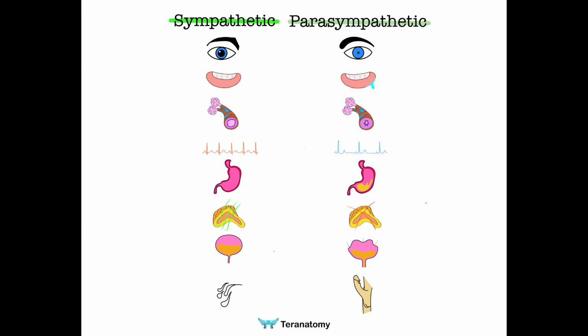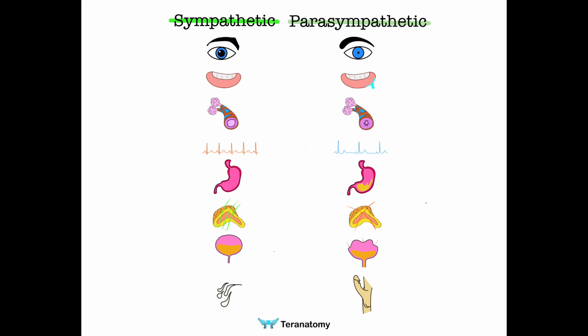In the gastrointestinal tract, the sympathetic system reduces peristalsis and contracts sphincters, while the parasympathetic system enhances peristalsis and relaxes sphincters. For the adrenal gland, the sympathetic system stimulates its secretion, while the parasympathetic system does not stimulate adrenal secretion.